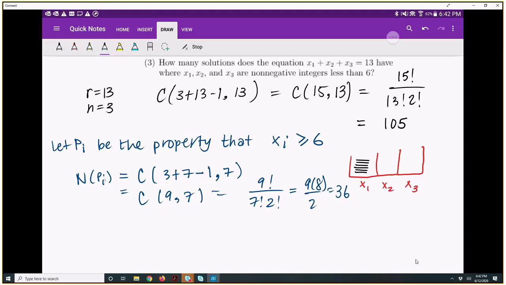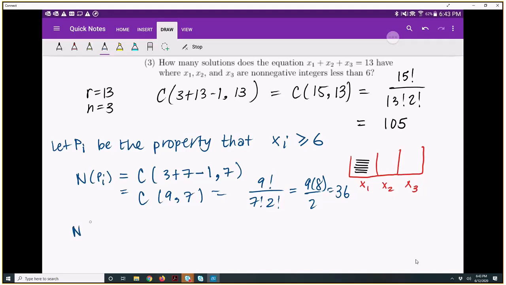And the reason I did Pi is because we have the same property for each of x1, x2, and x3. We want them all to be less than 6. So I don't have to compute it more than once. I just know that it's going to be the same computation for each of them.